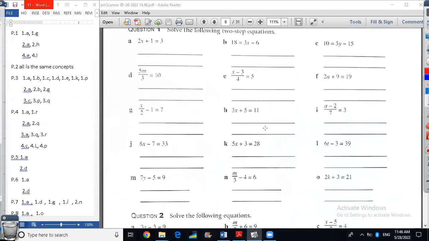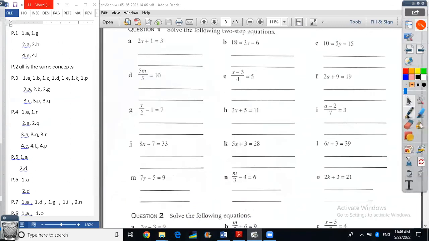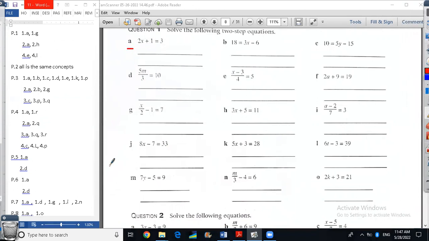Okay, next page, page 8. We need to do questions 1a, 1o. Oh, it's just the same thing that we did over there. We're not going to do it. We already did it. We have 1o, also the same thing exactly. You can just do it right now when you pause the video, then return to check your answer here with me.